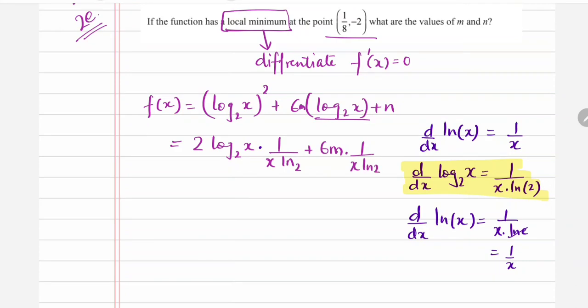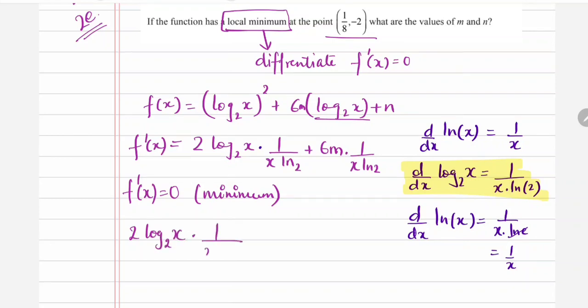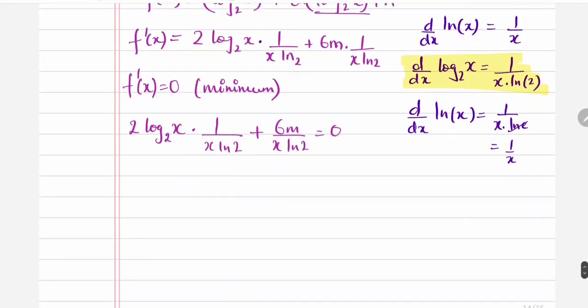When we differentiate n, it's a constant, it goes away. So now we put f dash x equals to 0, because we are finding the minimum or turning points or stationary points, however you want to say. So that's 2 log base 2 of x times 1 over x ln 2 plus 6m over x ln 2 equals 0.